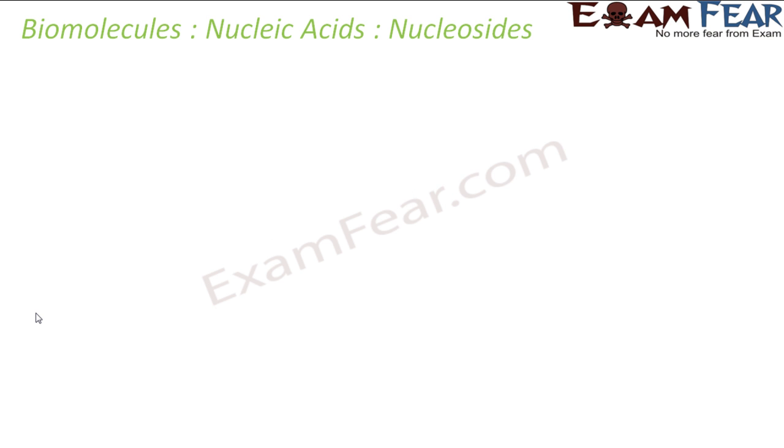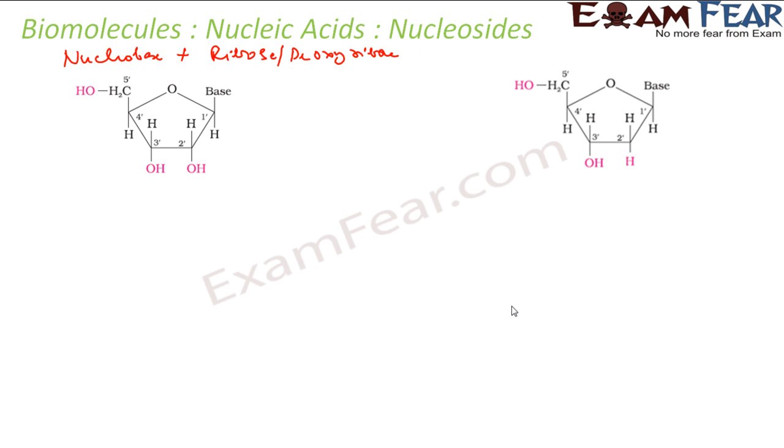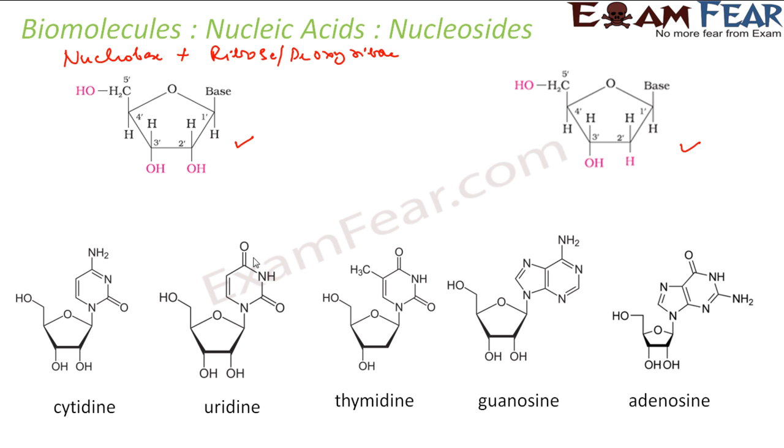Nucleoside is nothing but a nucleobase, which we have just discussed, bound to a ribose or a deoxyribose. For example, this is my ribose, this is deoxyribose, and it is bound to all these bases.